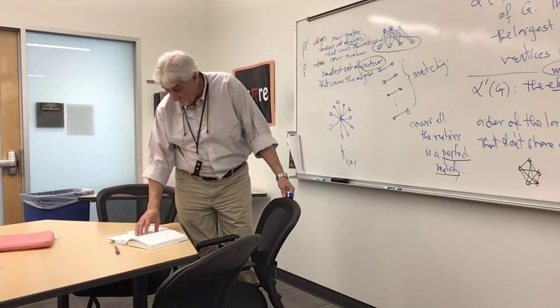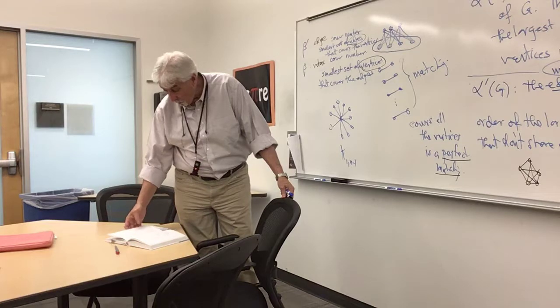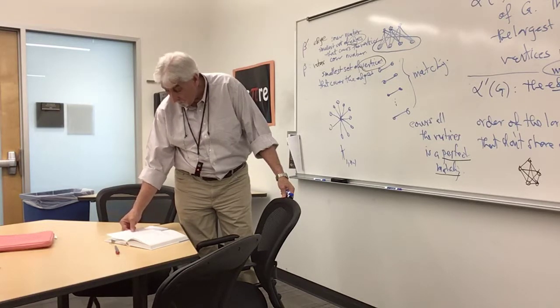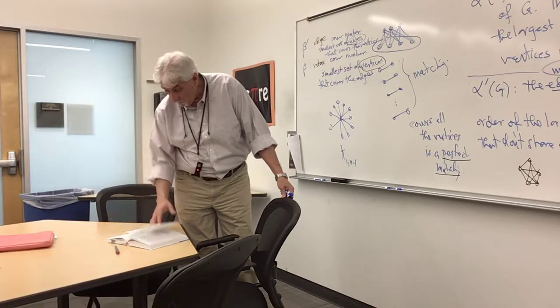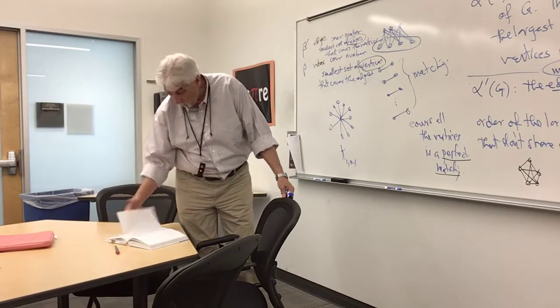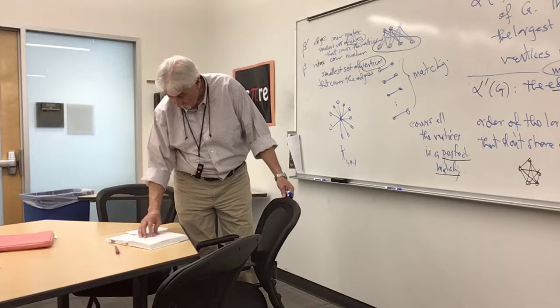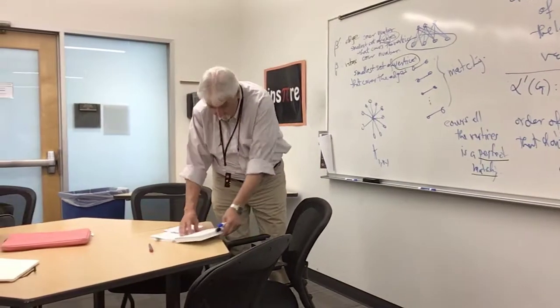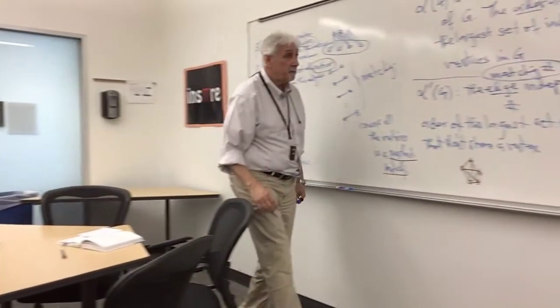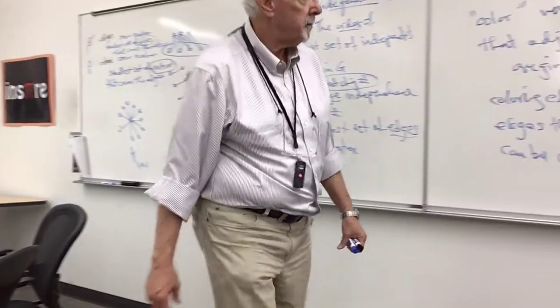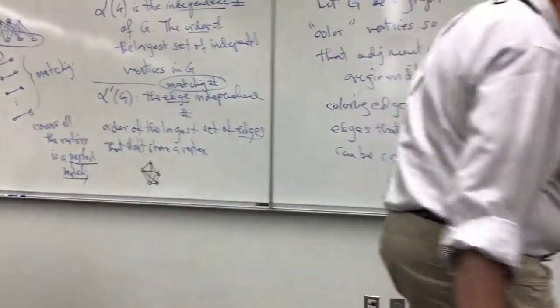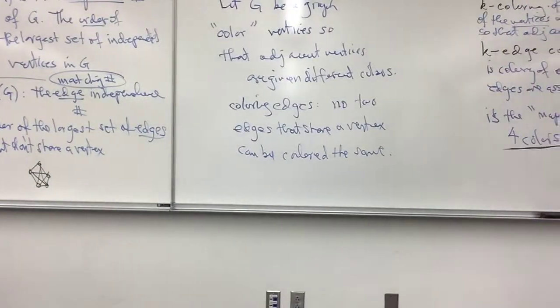Well, we found one at 6, so we know it's 6. Got one at 5. Then the maximum independent set is alpha, and the vertex cover is beta. Okay, so we answered these, but they didn't put the Greek letters in.